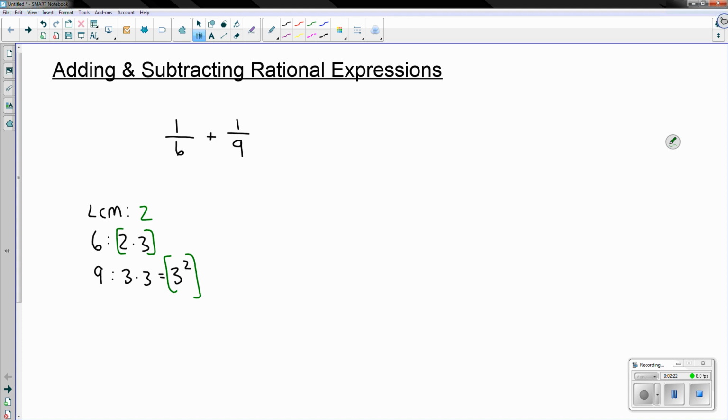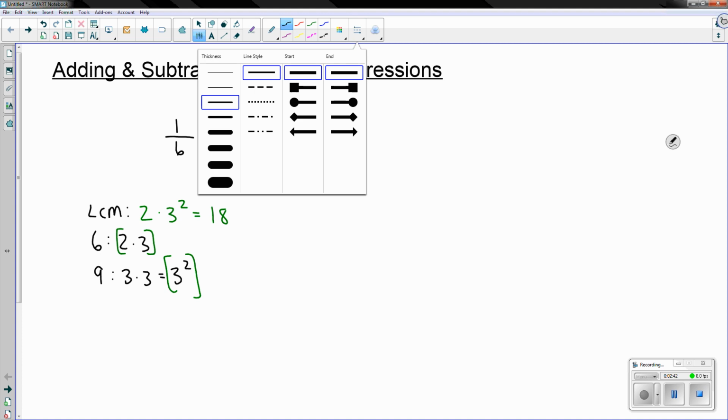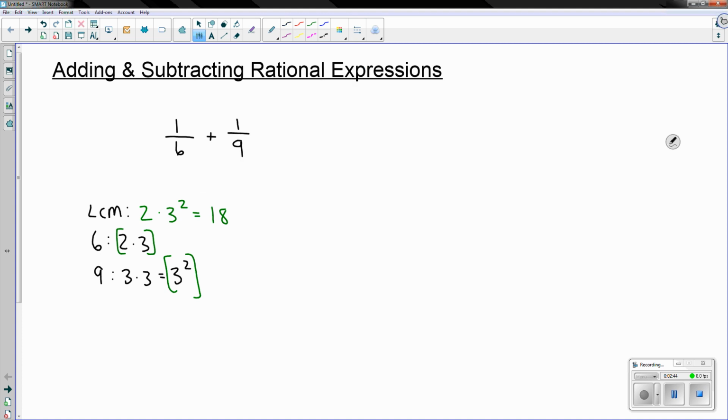Then I look at the 3, and I would consider that a common factor. Once I've identified a common factor, you select the one with the higher power, which in this case is 3 squared. And when simplifying this, 2 times 3 squared is 18. Now that is a value you could probably come up with mentally without going through that process. But again, it's good to understand how to get a least common multiple as things get more complex.